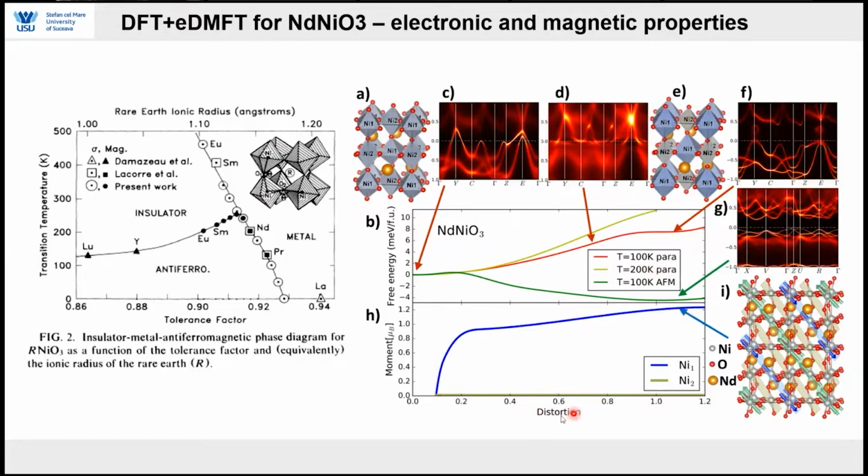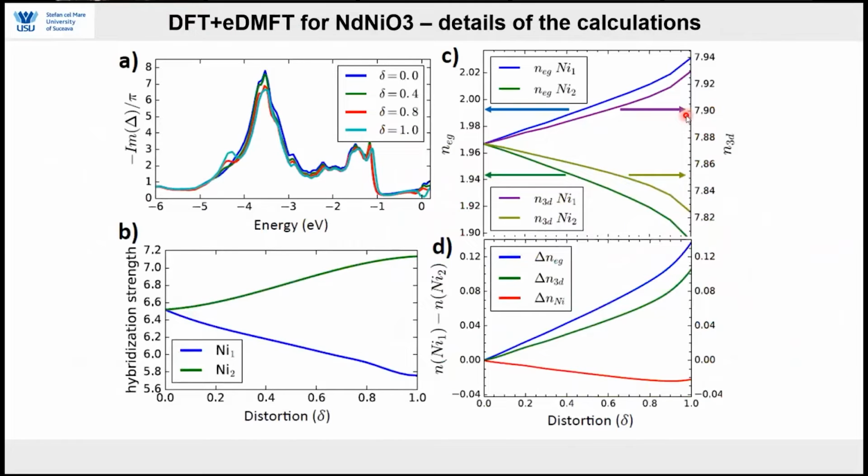Now, what I call here distortion is going from the metallic to insulating, so going from this state where all nickel environments are the same, to one environment which is expanded and one which is contracted. But our puzzling was that one side has magnetic moment, one doesn't have magnetic moment.